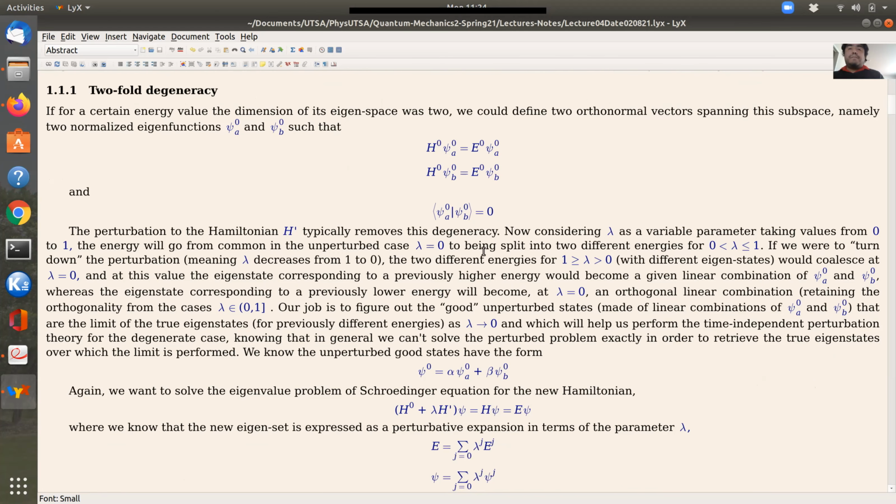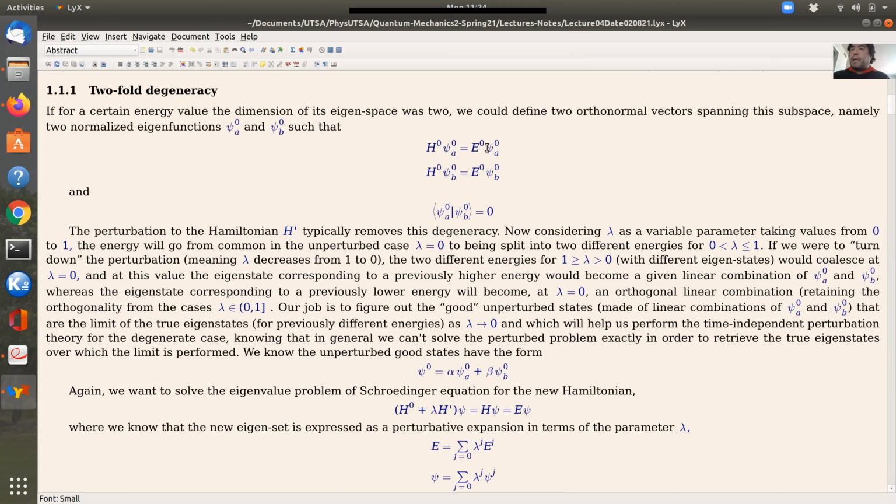And so let's say that we introduce a perturbation to the Hamiltonian, right? So what does a perturbation do? It slightly changes the eigenstates, that's true, but also the eigenvalues. So in this small perturbation case, the perturbation most probably will remove the degeneracy, meaning that it will change slightly the eigenfunctions, also slightly the eigenvalues, but it will make them different.